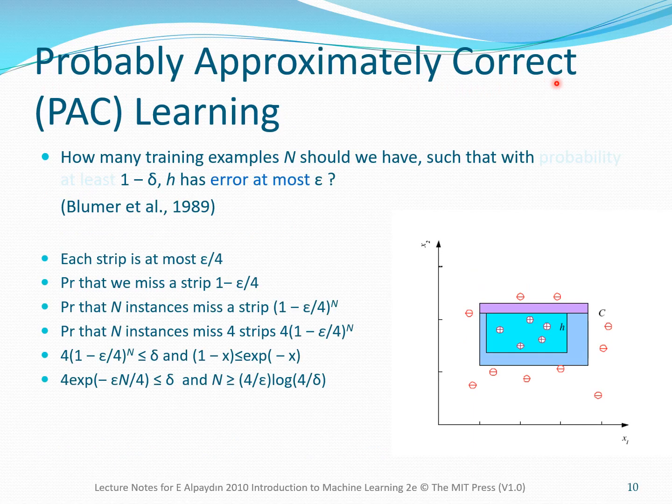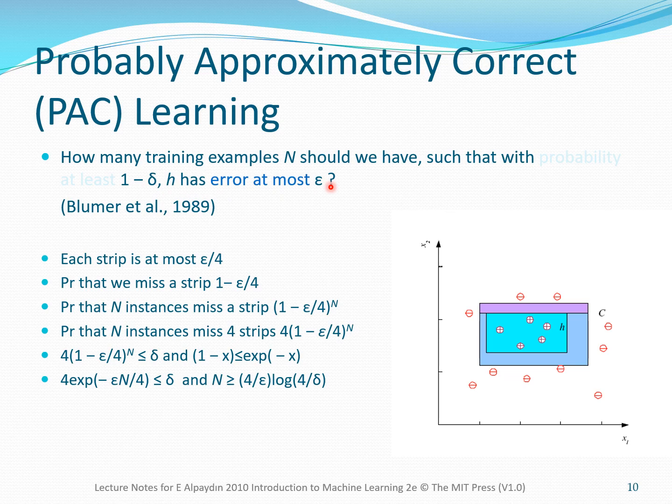Probably approximately correct learning, that is PAC. Given a class C and examples drawn from an unknown but fixed probability distribution P(x), we want to find the number of examples n such that with probability at least 1 minus delta, the hypothesis h has an error at most epsilon.